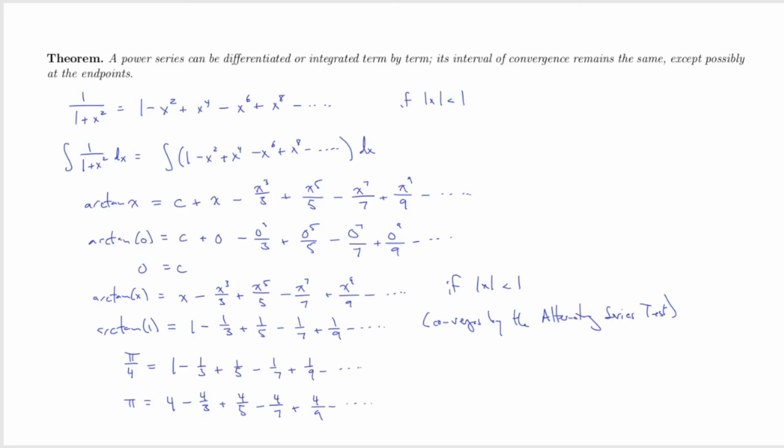We have just come up with a series representation of the number pi, which is to say that one way to define the number pi is the sum n equals 0 to infinity of (-1)^n times 4 over 2n plus 1. And just for entertainment, it does turn out that this definition of pi is better in some ways than the usual ratio of the circumference of a circle to its diameter.